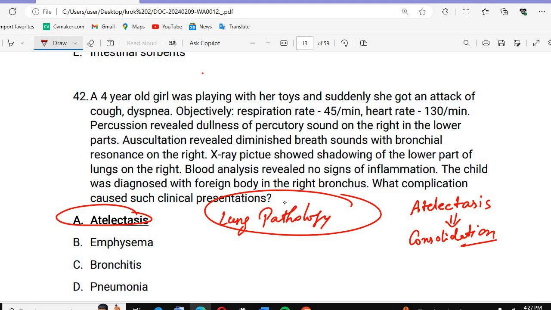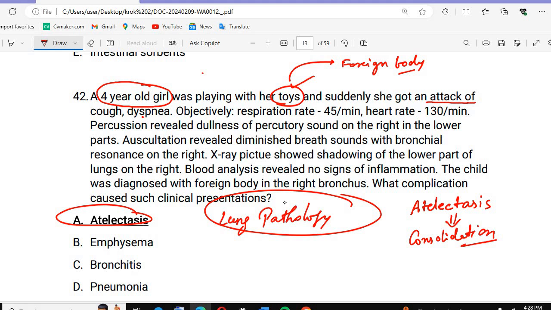Now here you can see a 4-year-old girl was playing with her toys and suddenly she got an attack of cough or dyspnea. If there is any history of children, like 4 years, 5 years, what will they do? They take everything in their mouth. So she was playing with her toys, took one as a foreign body and put it in her mouth.